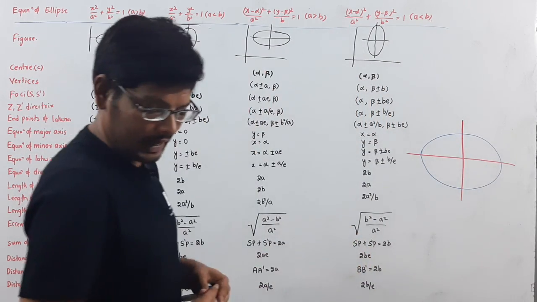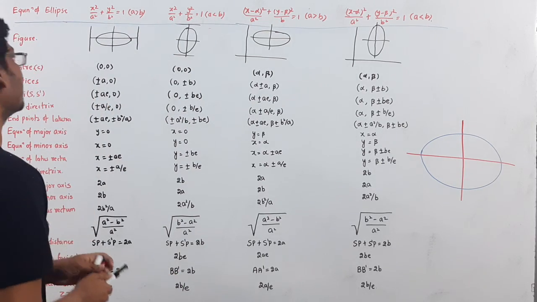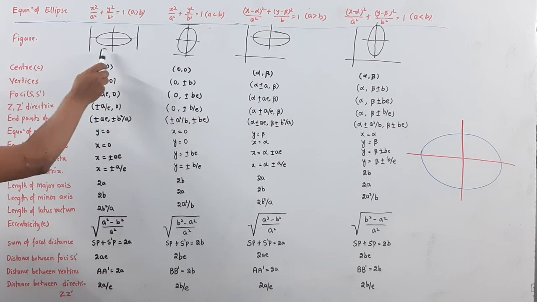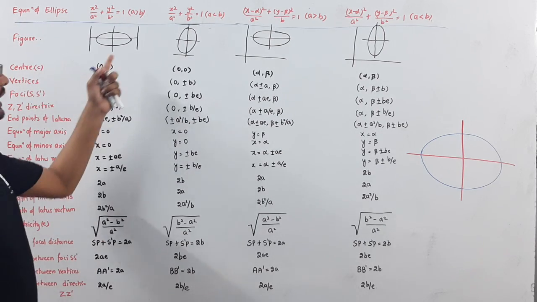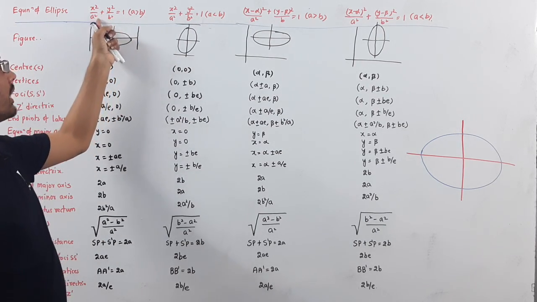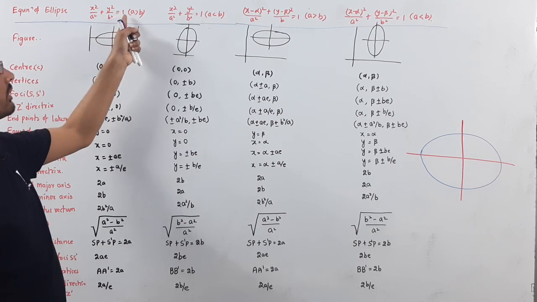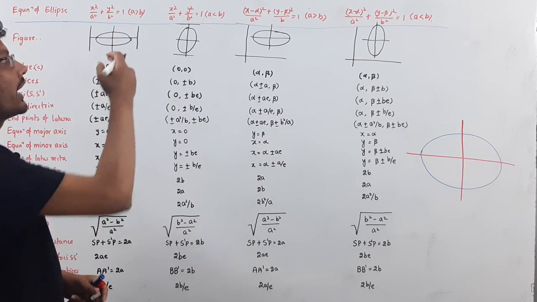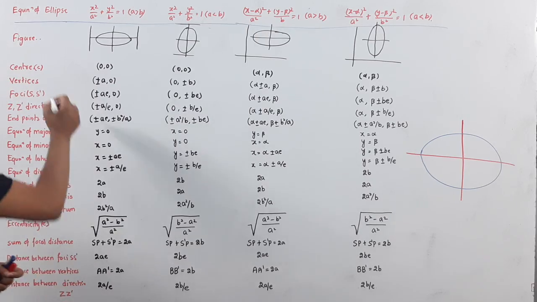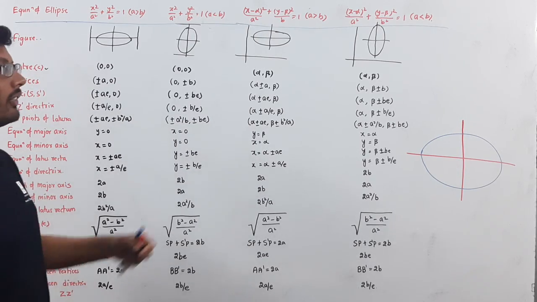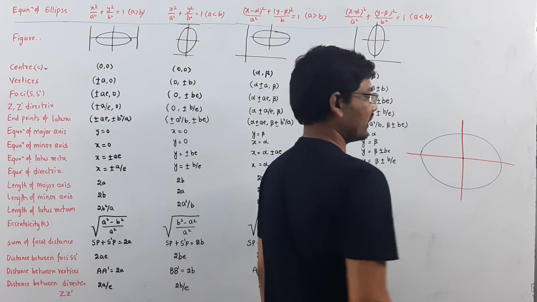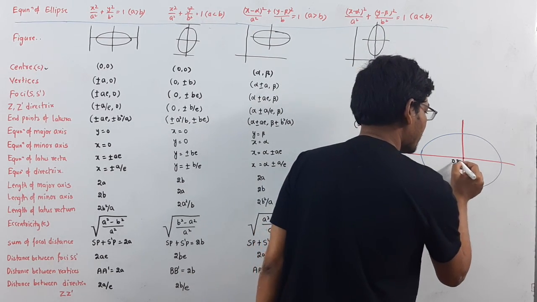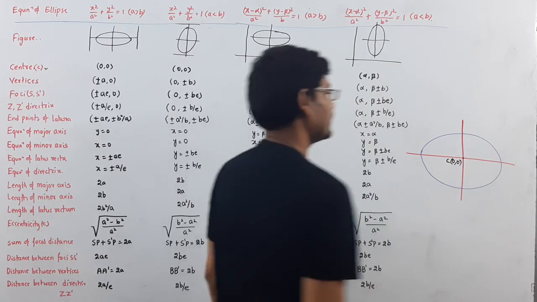Here this is an ellipse, and the first figure shows the ellipse x square by a square plus y square by b square is equal to 1, that is a greater than b. The next term is the center. This is the center of this ellipse, which is 0, 0, called C.